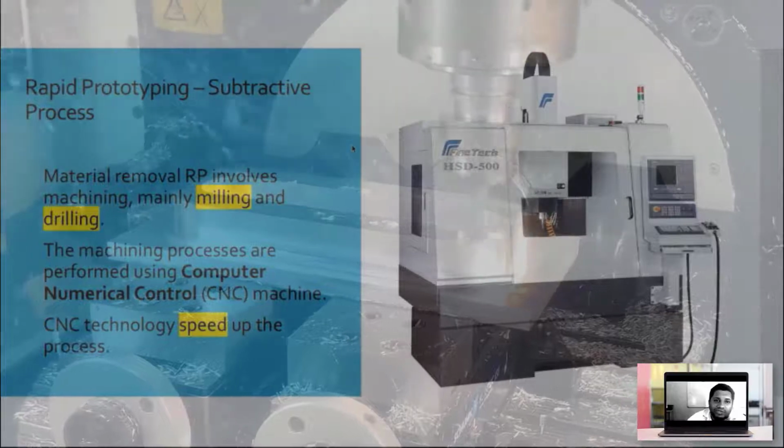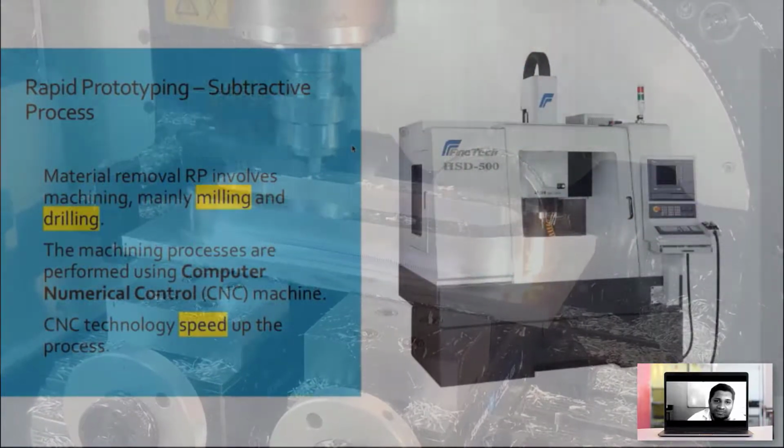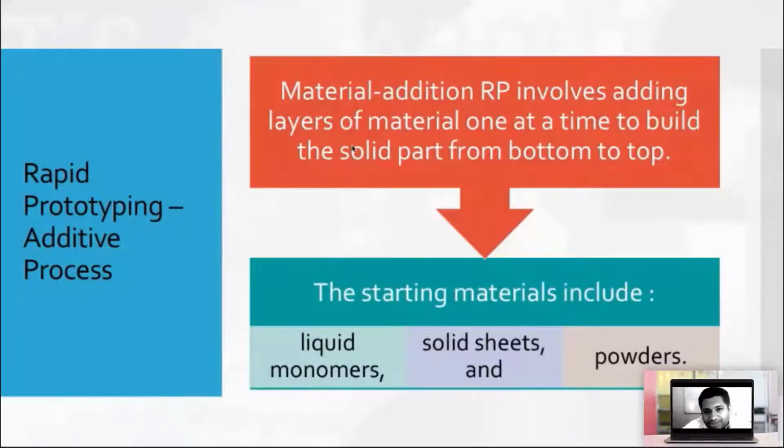Now that we know what subtractive rapid prototyping is, let's move to additive rapid prototyping. In additive rapid prototyping, I am going to add something, usually layer by layer. So subtractive prototyping is removal of material, while additive prototyping is adding or depositing material layer by layer so that we get our final product.